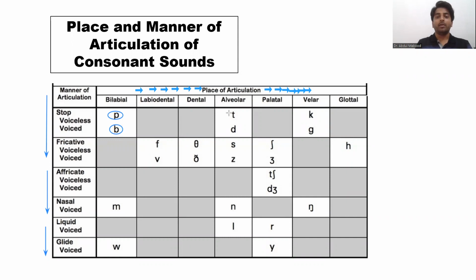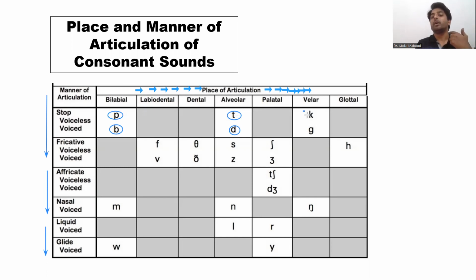Now, coming here, ta sound and da sound. So it is touching your palate here, an alveolar sound, and da is voiced and ta is voiceless. Again, velar, that is the back of our mouth.